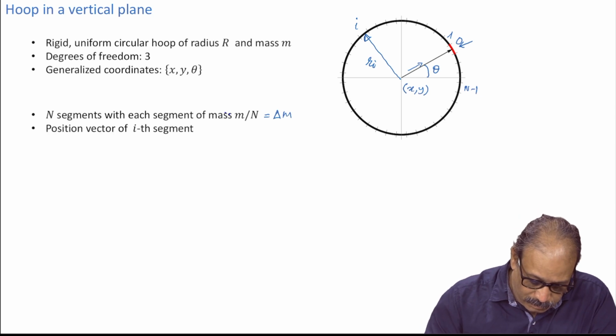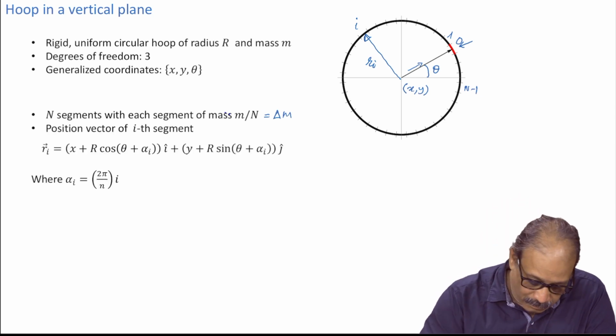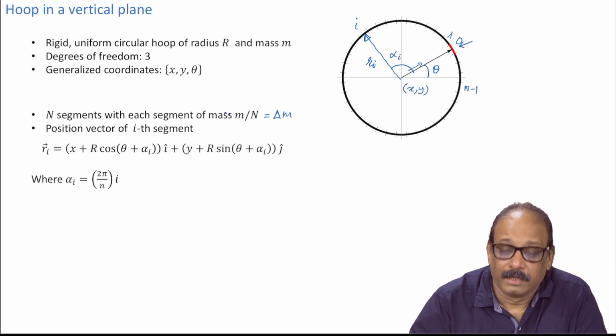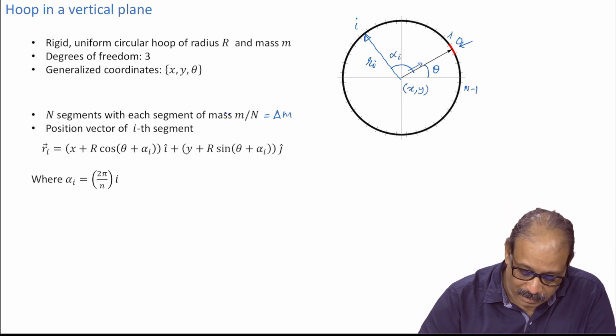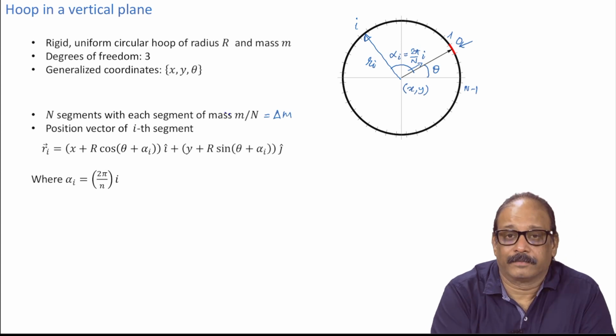So, here let us mark this angle as alpha i. Since there are n segments, this alpha i clearly is 2 pi by n times i.